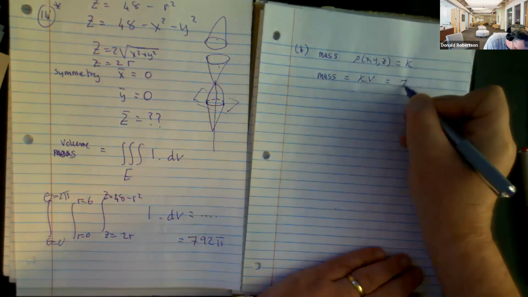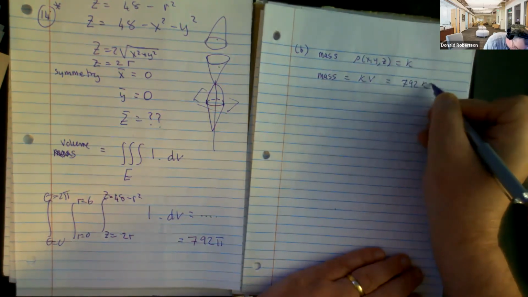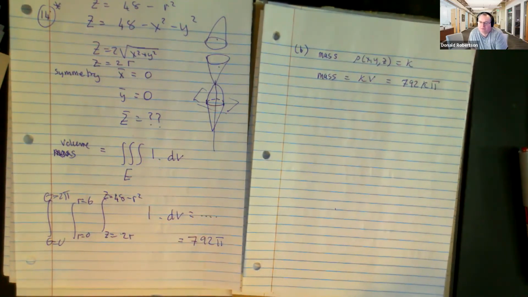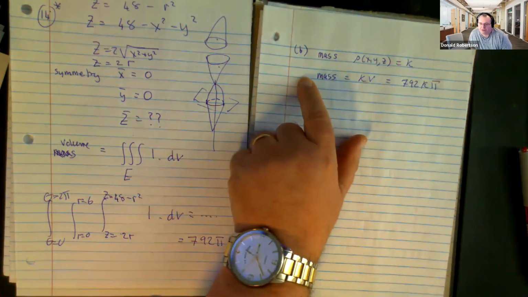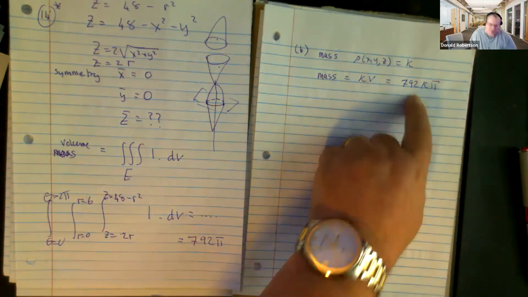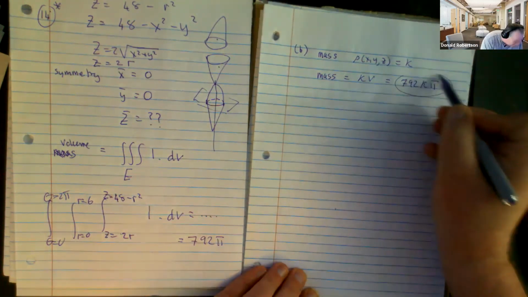So 792 K pi. If the density function is a fixed value K, then won't the mass just be the volume times the fixed density? And so you add an extra K to the answer. So we got that bit without too much trouble.